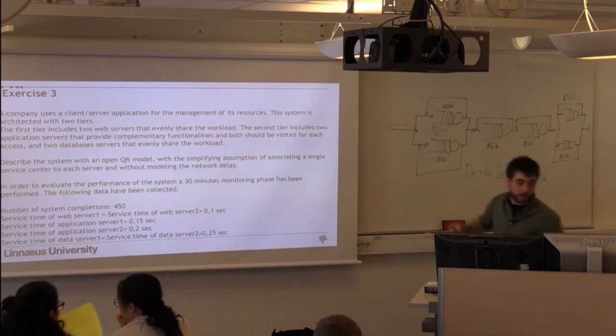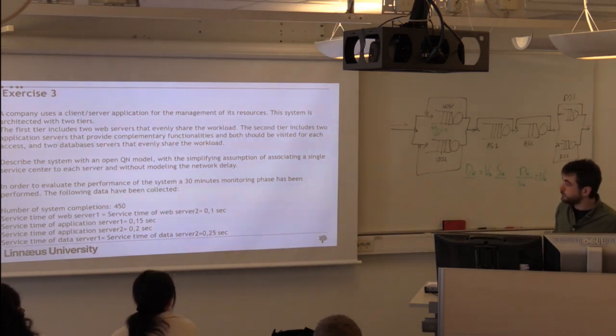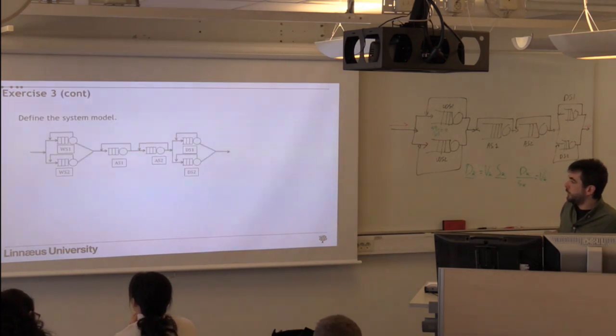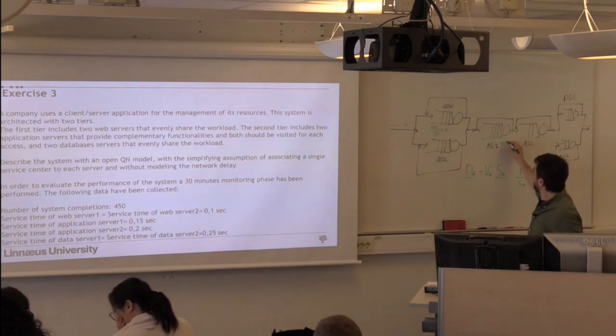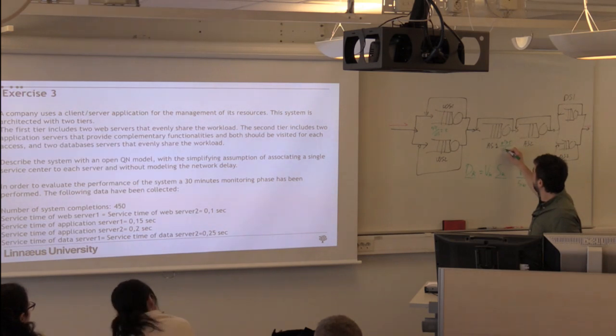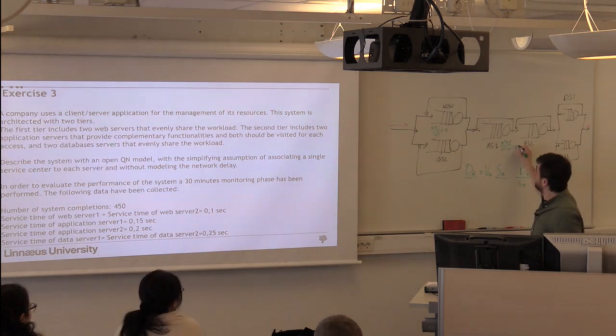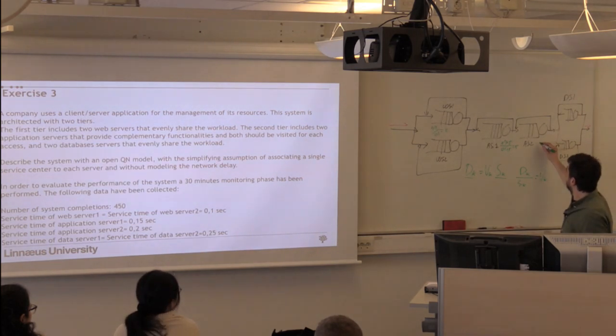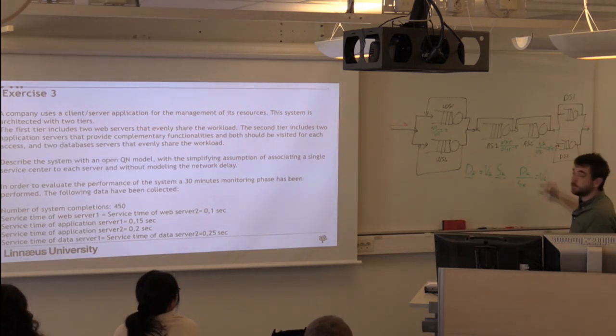So the number of visits was 2. The other one was 0.75, the demand, divided by 0.15. So it's 5 visits. This one was 1.7 divided by 0.2, so 8.5 visits.